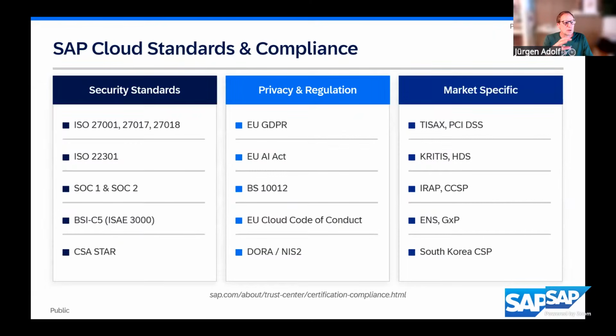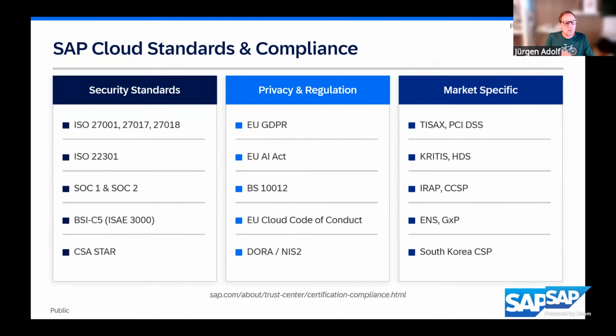This slide gives you now an overview of the compliance and certification landscape that SAP operates within. You can find all the details about the certifications we have in the Trust Center, but a short description of what kind of standards we follow.